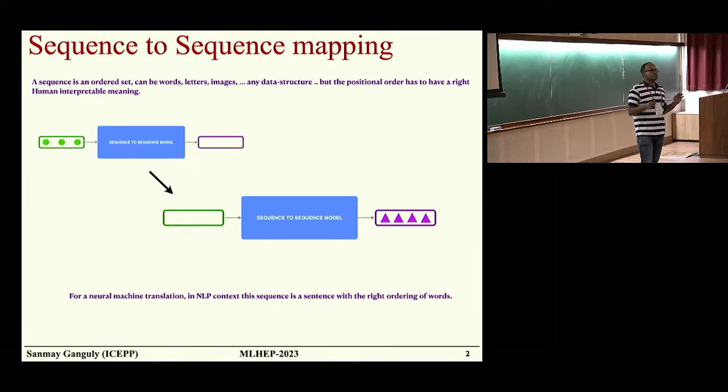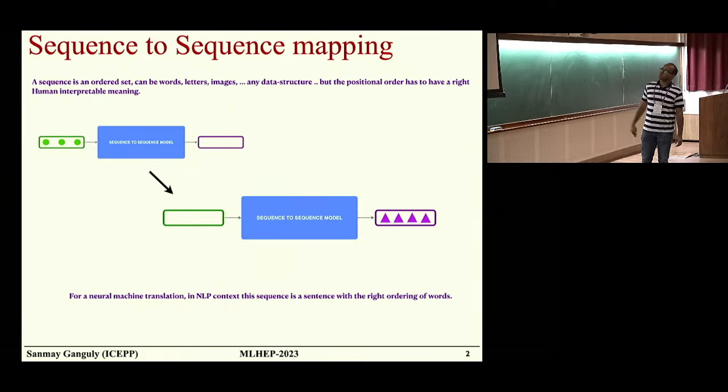You want to write a function which will act as a translator when you're doing Google translation. And then you have a sequence of words as input, and your target is again a sequence of words. It's not just a few words randomly shuffled. The order of the words in a sentence matters to make a human meaning. So that's why in this list of the words, the positional encoding is a core essential feature to make it human interpretable.